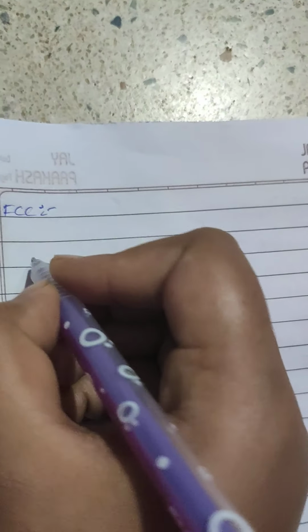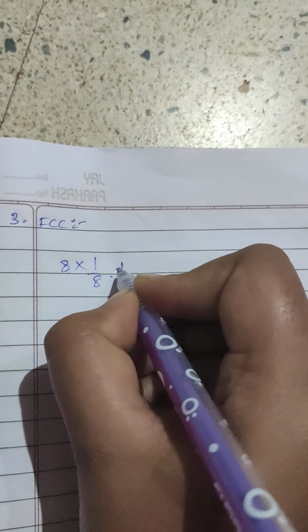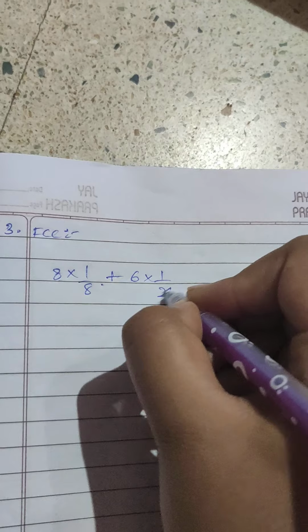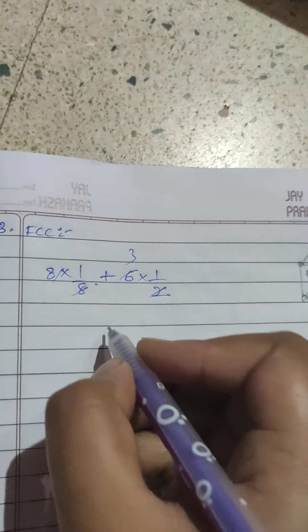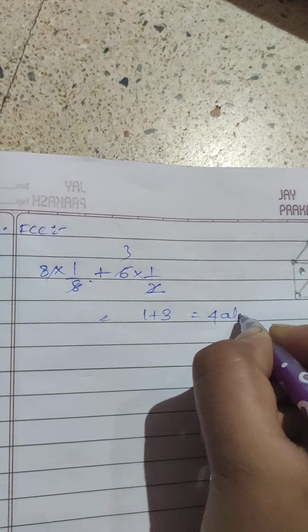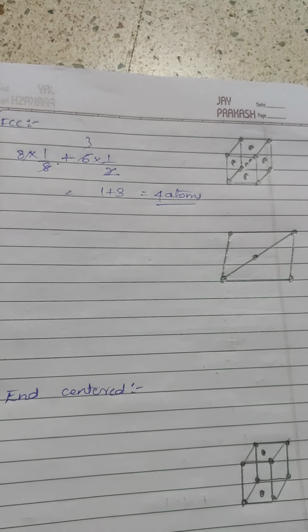So calculating this, you'll get 1 plus 3, that is 4 atoms are present in the face-centered unit cell.